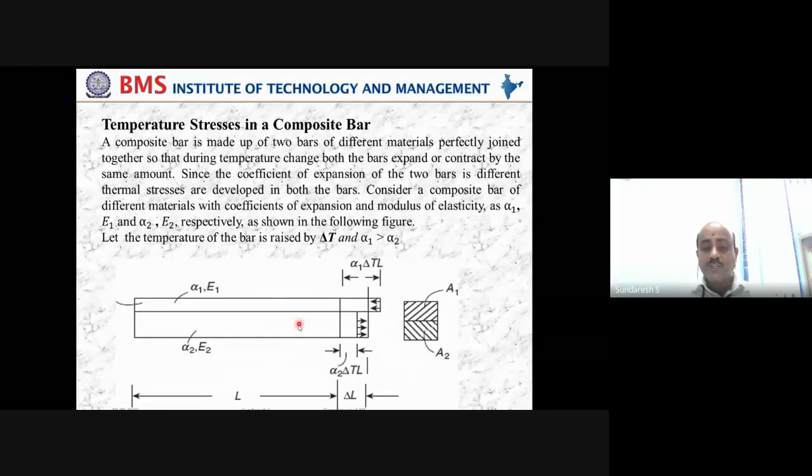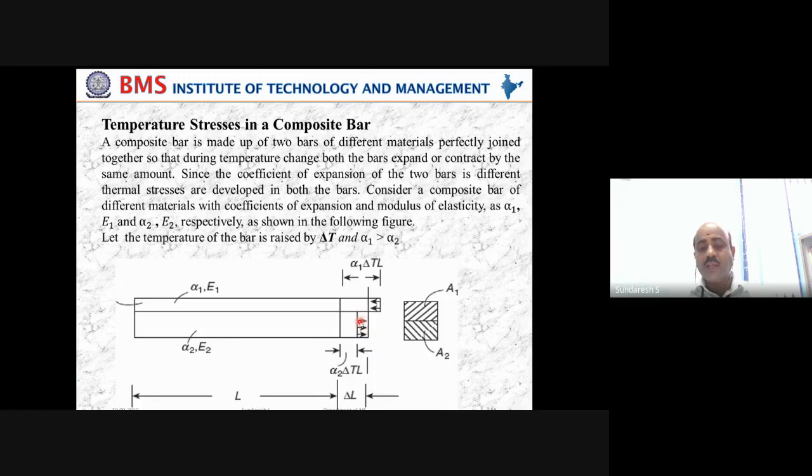Whereas in material 2, look at here, the amount of free expansion is this much, whereas delta L will be this much. So this amount of expansion is required for the material to ensure that the total free expansion of the entire composite bar remains constant. So material 2 will be stretched by this amount from here to here. You can see here. Can you see here?